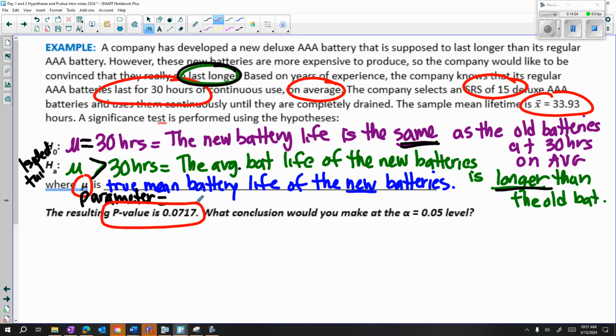So I want you to ask yourself, what conclusion would we make at the alpha equals 0.05 level? So go back to what I just said about whether it is statistically significant or not at the 0.05 level, and see if you can write your conclusion of whether you would reject the null or not.